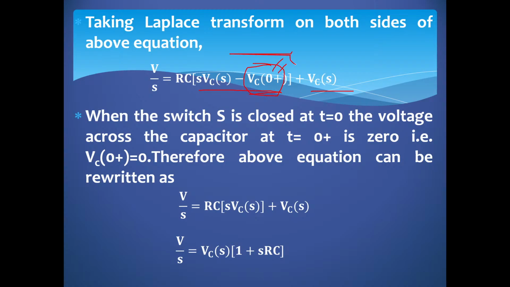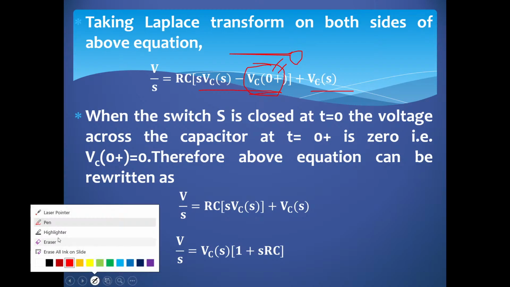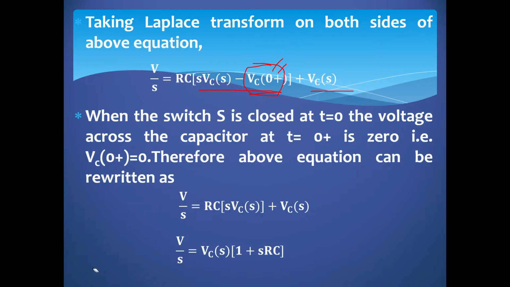So initially the voltage across the capacitor is 0, and no voltage is developed across the capacitor plates. So Vc of 0 plus is 0.